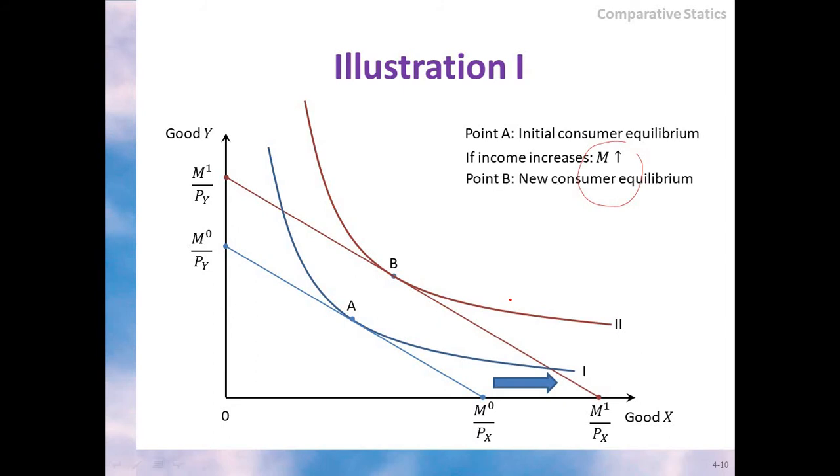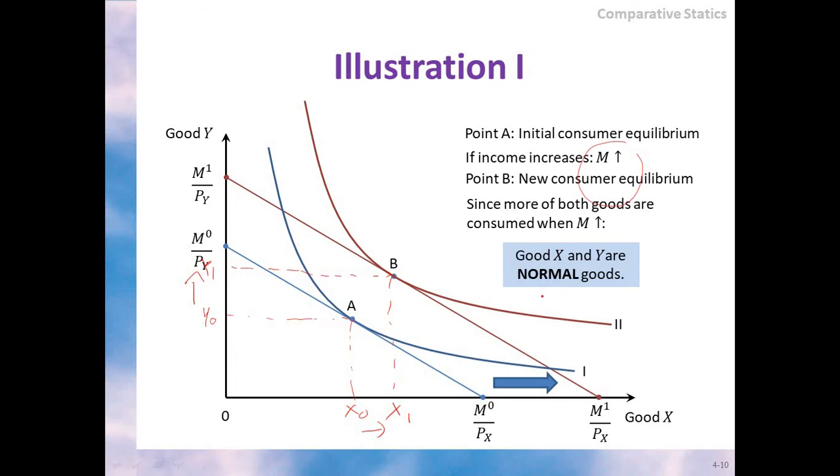But if you look at point B, B is the new equilibrium for the consumer. Let me draw the combination here. This is our Y0, this is our X0, and when consumer equilibrium shifts from point A to point B, you can see that this is the new Y, this is the new X. So both Y and X increase.